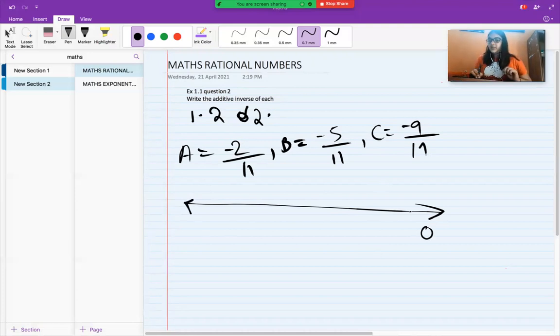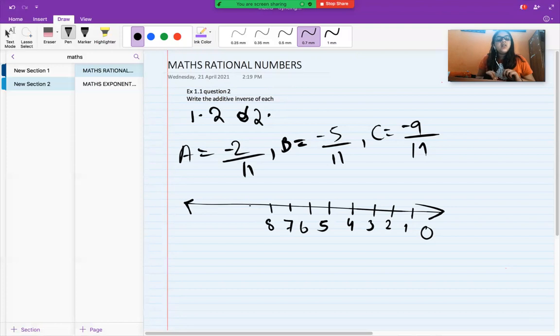Then we start from this, that 1 by 11, 2 by 11, 3 by 11, 4 by 11, 5 by 11, 6 by 11, 7 by 11, 9 by 11, 10 by 11, 11 by 11, and then minus 1. So minus 1 will be counted as 11 by 11.